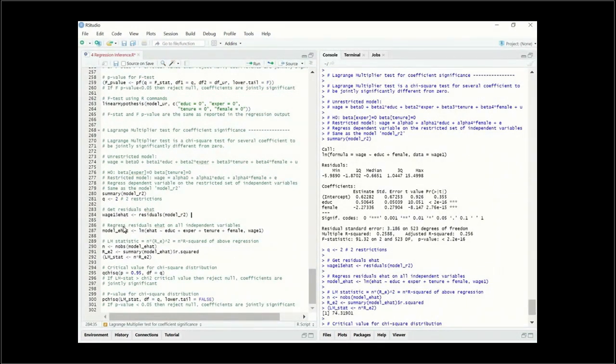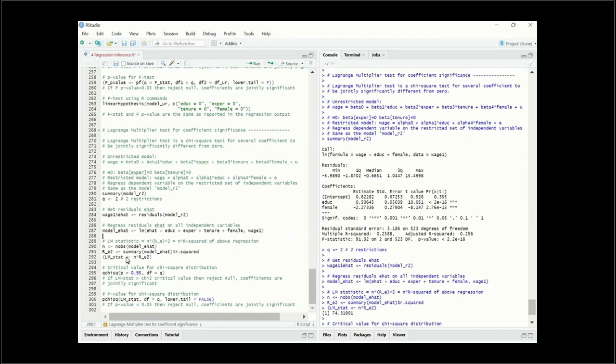And here we would be regressing the individual's E hat on all of the independent variables. So here E hat is regressed on all of the 4 independent variables that we have here. We would call this model E hat. Now notice that we don't have wage regressed on all the independent variables. It's the residuals from the restricted model that are regressed on all the independent variables.